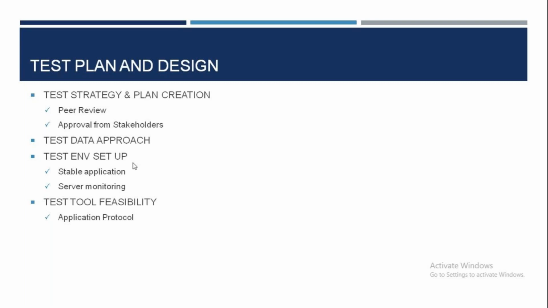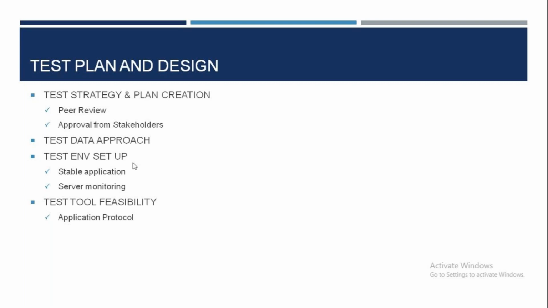So test tool feasibility is nothing but determining what the protocol of the application is that you are going to test, and whether the tool you have thought of supports it and is compatible with that application or not.